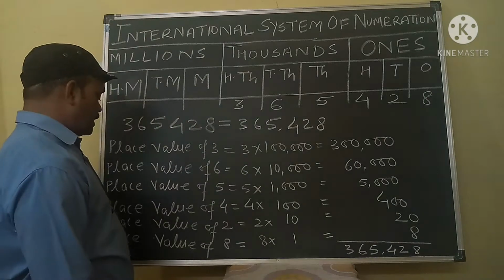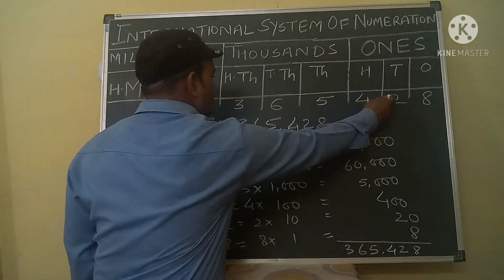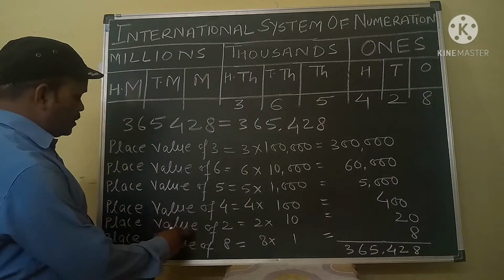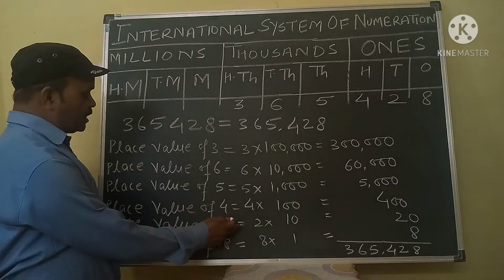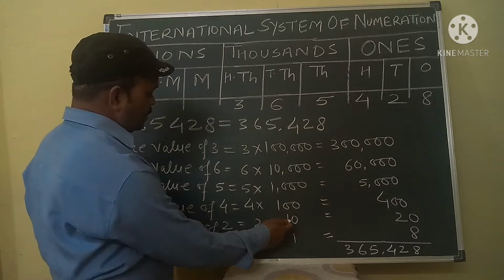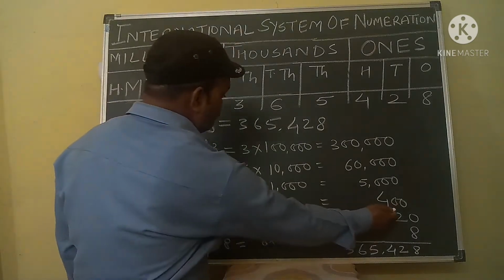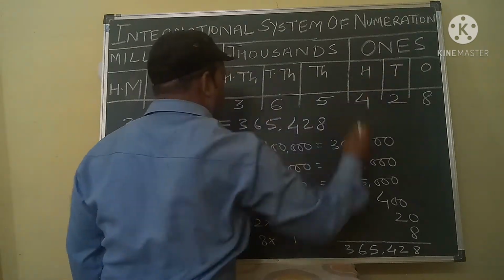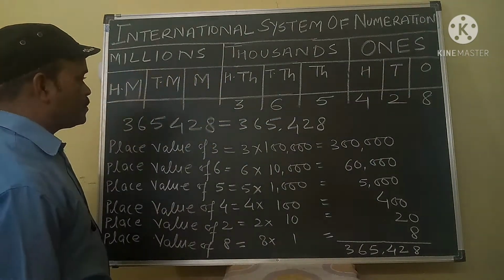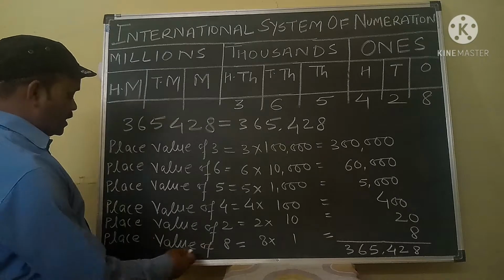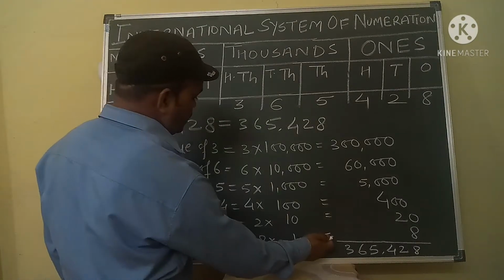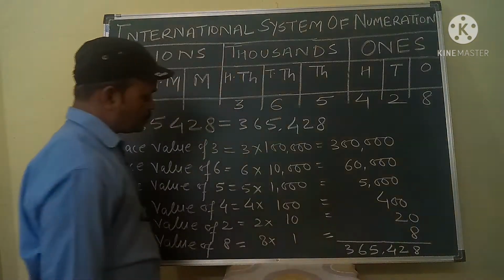Again, 2 is in tens place, so place value of 2 will be 2 into 10. It will give you 20. 8 is in ones place, so place value of 8 will be 8 into 1. It will give you 8.